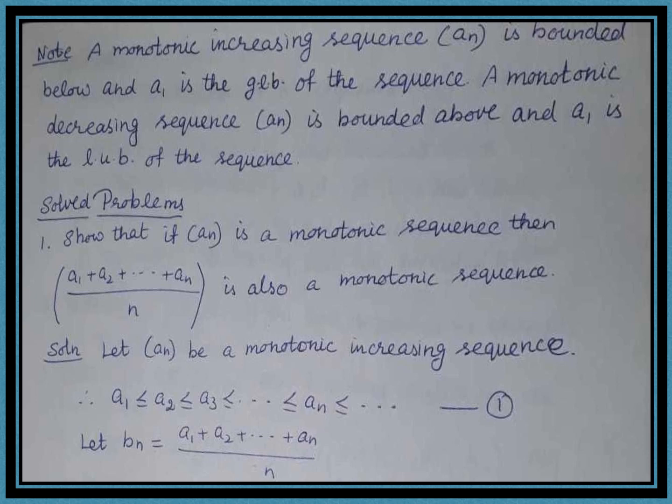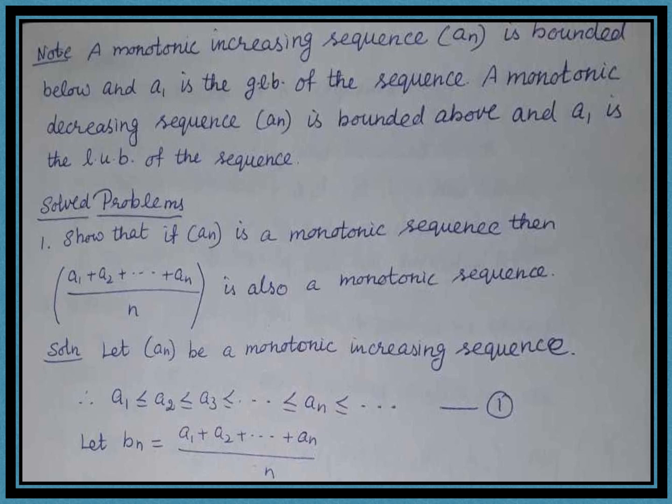Suppose an is monotonic increasing, then we have to prove that a1 plus a2 plus etc. plus an divided by n is also monotonic increasing. Without loss of generality, let us assume that the sequence an is monotonically increasing. So we will have a1 less than or equal to a2 less than or equal to etc. an less than or equal to etc.